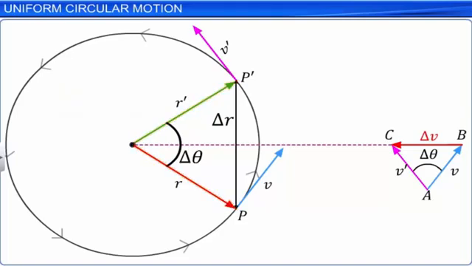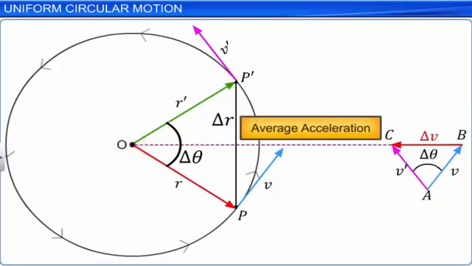If we place delta v along the line which bisects the angle between r and r', the arrow of delta v points towards the center of the circle O. The average acceleration acts along delta v. Therefore, average acceleration a bar is directed towards the center of the circle.